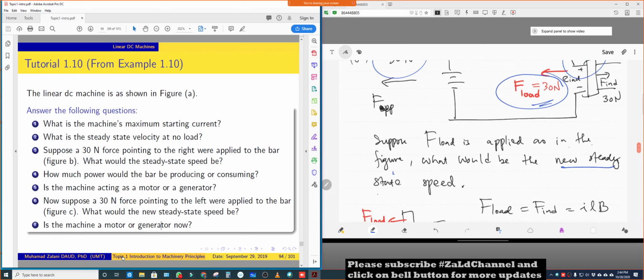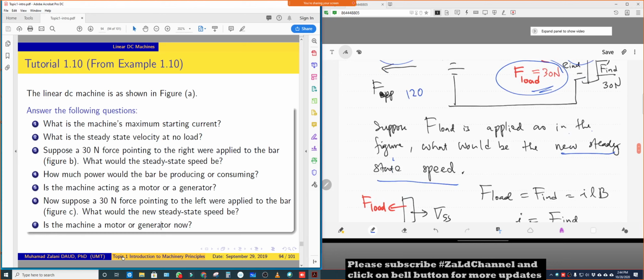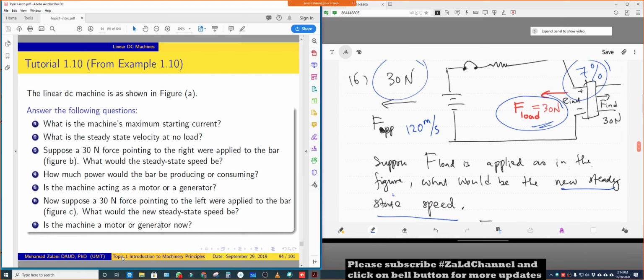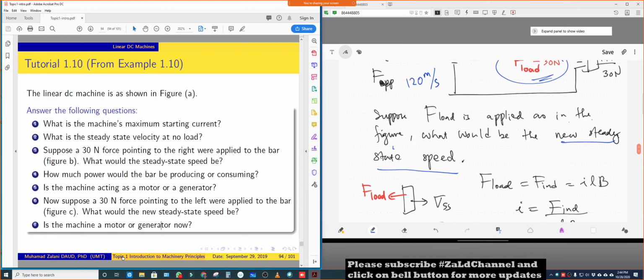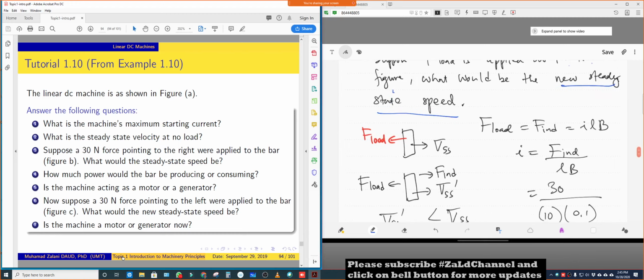Initially it was 120 meters per second. That is the initial steady state speed. Once we apply the force, F load 30 Newton, what happens to the new steady state speed? We know that it is reducing, but how much?